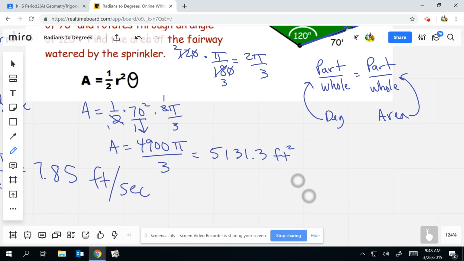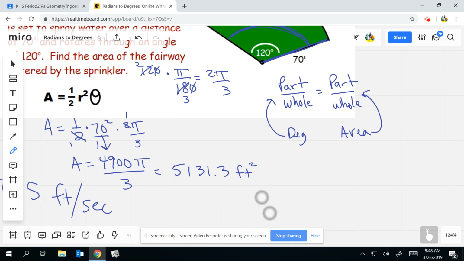I do think that the geometry way might be a little bit easier, because your degree part would be 120 over the whole 360. We would be looking for the part of the area, and pi times radius squared is the whole area, pi times 70 squared. And if you reduce the 120 and 360 by 10 first, then 12 actually goes into 360 3 times.